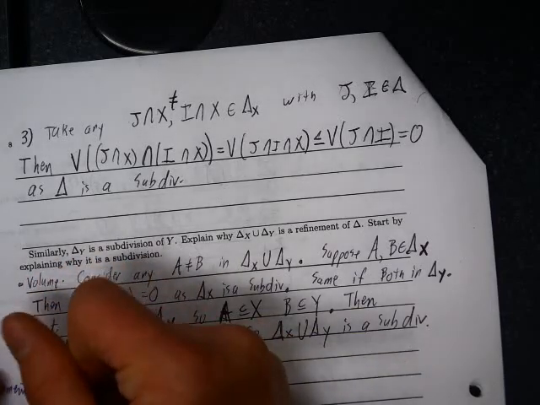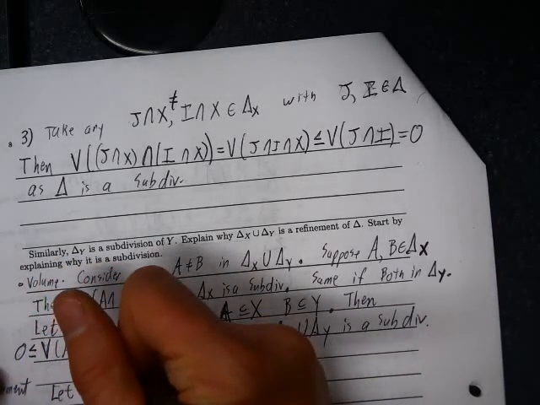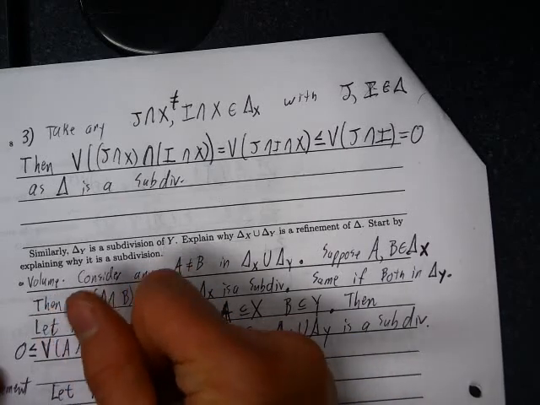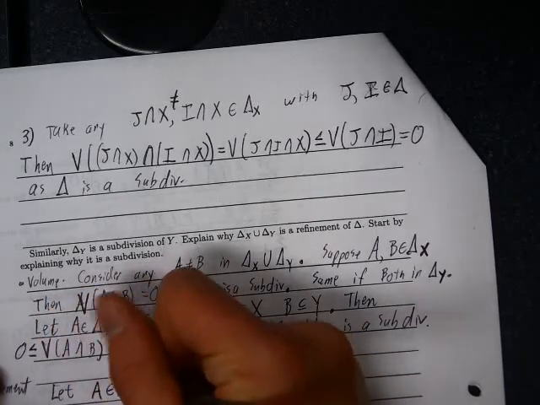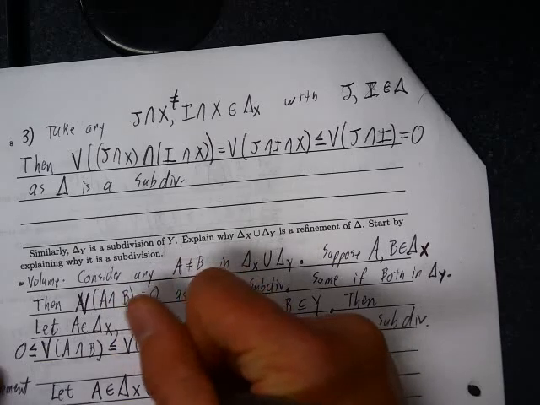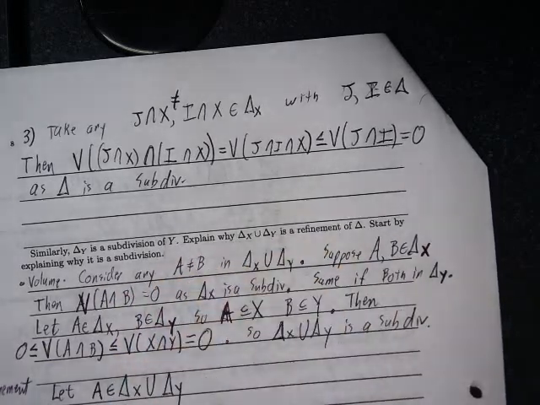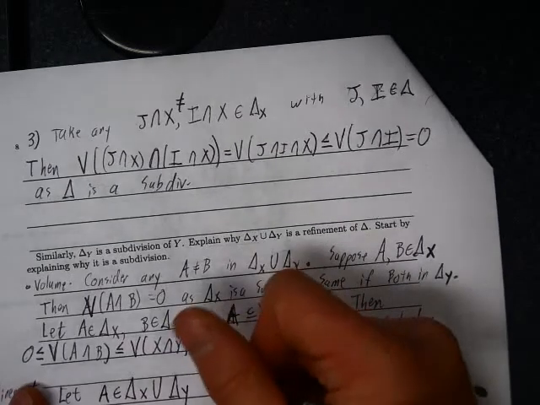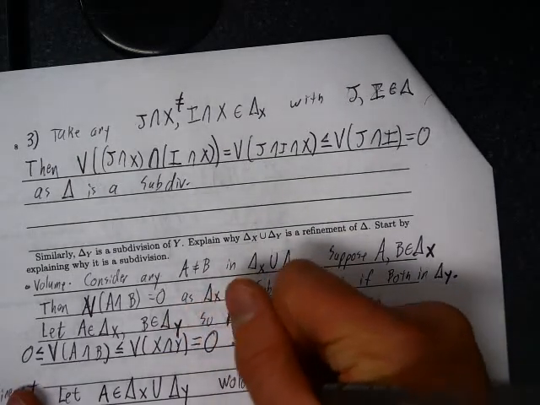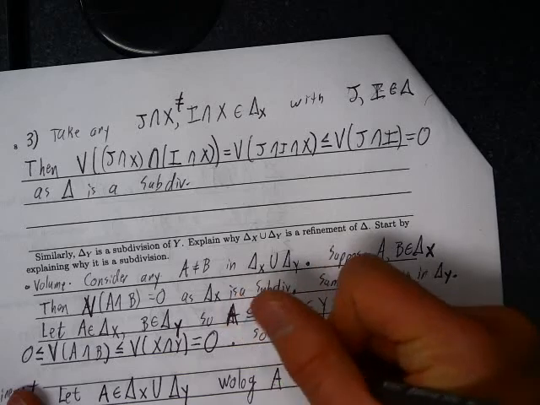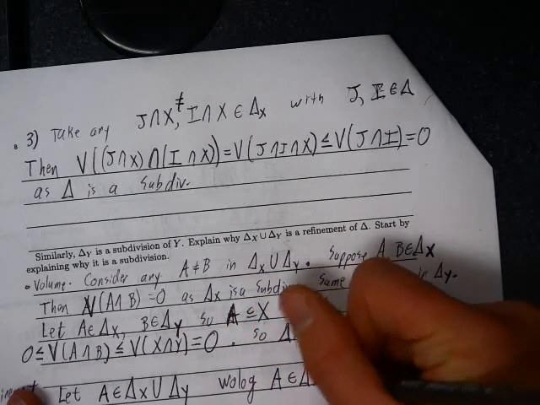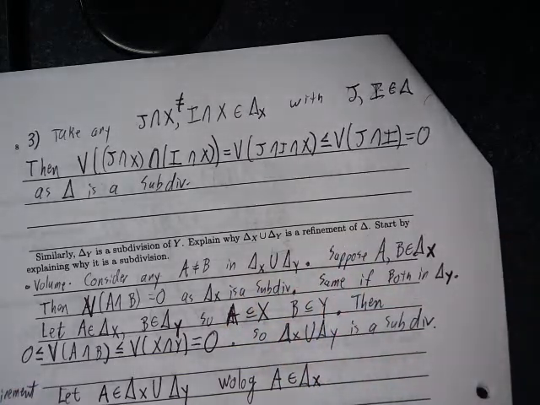So let A be an element of delta x union delta y. Then it's either going to be in delta x or delta y. Without loss of generality, let's say it's in delta x. But what does it mean to be in delta x?